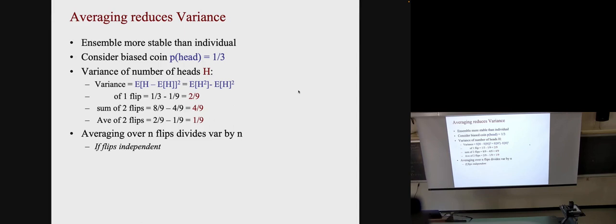And the reason why this happens is because we made a big assumption here. What assumption have we made? Independence. Independence in models and also in the performance of the models.